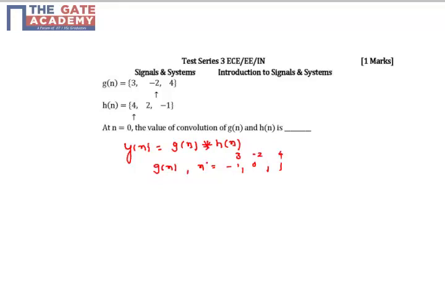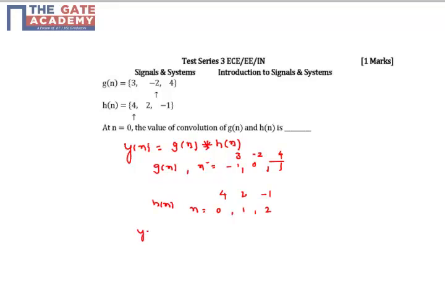These are the n values and this is the corresponding g values. Similarly, h of n starts at n equal to 0, 1 and 2. So at 0 its value is 4, at 1 its value is 2 and at 2 its value is 1.